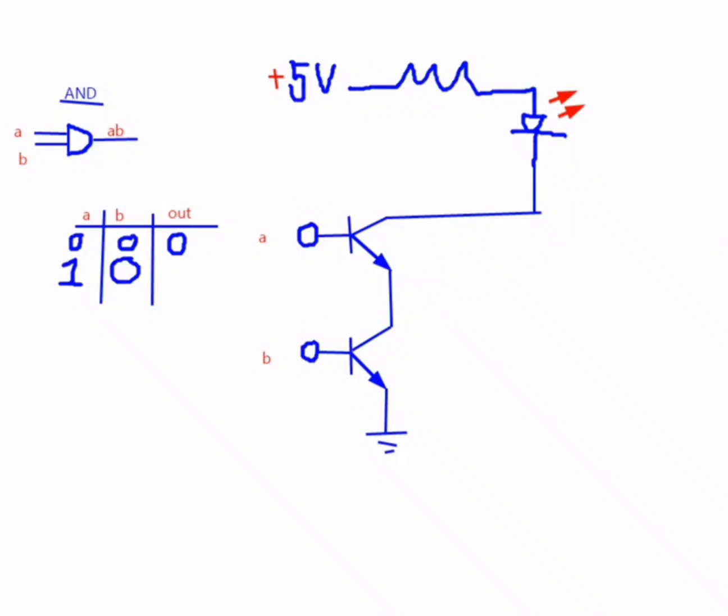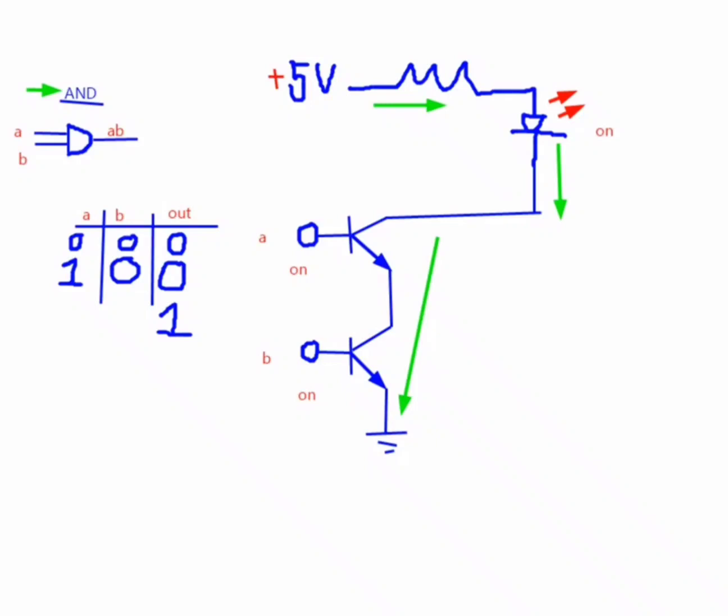Therefore, the output will be off. The only way the LED can be on is if A and B are both on. Only under that circumstance, a current can flow through the LED and flow to the ground. That's why we have AND.